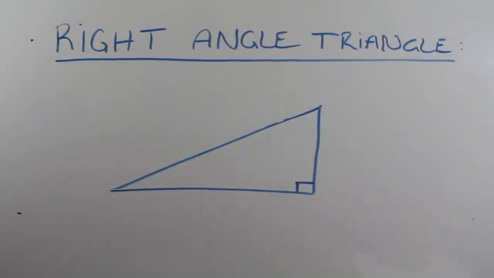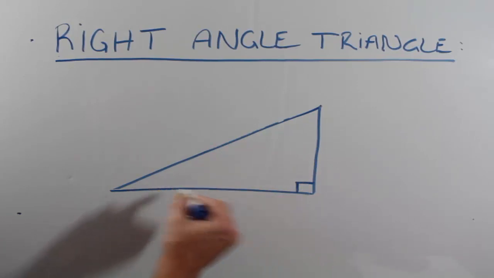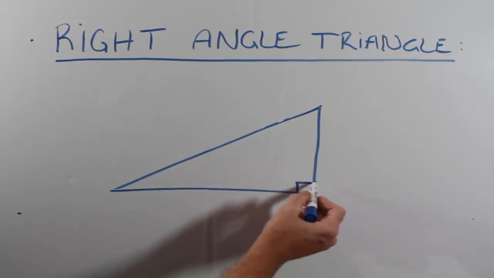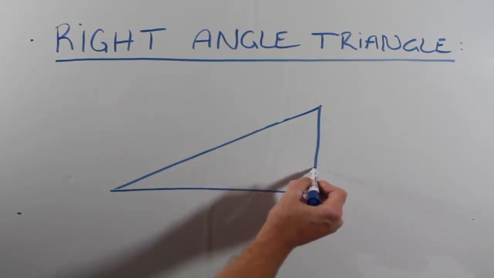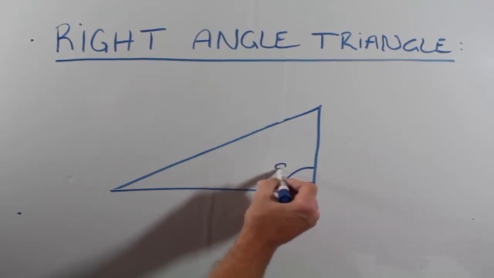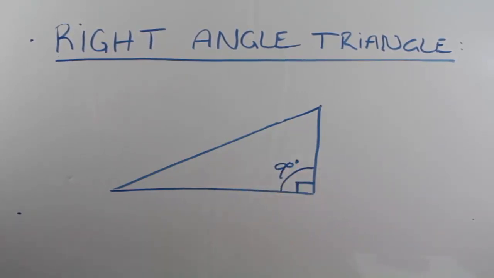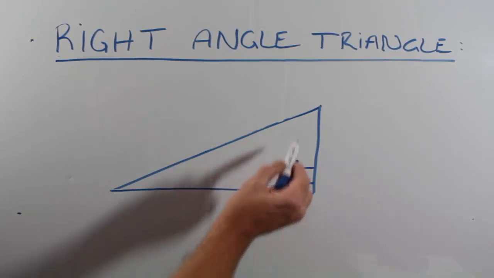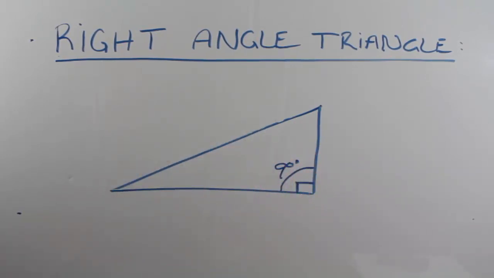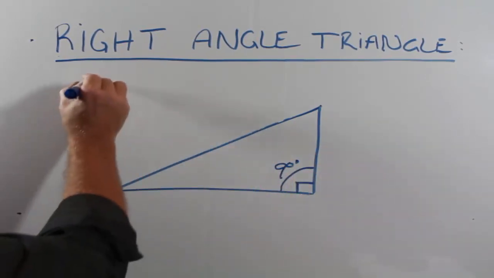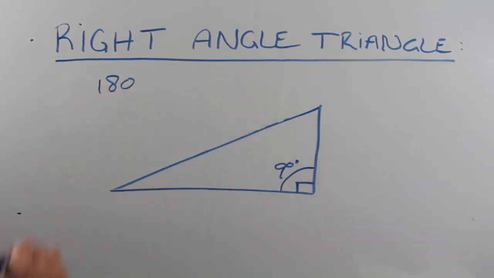Alright, so we're looking at a right angle triangle here, and what makes up a right angle triangle is that one of the 3 corners is 90 degrees. So I got this little square right here, and that means that this is 90 degrees. Now the sum of the 3 corners on a right angle triangle will always add up to 180 degrees.